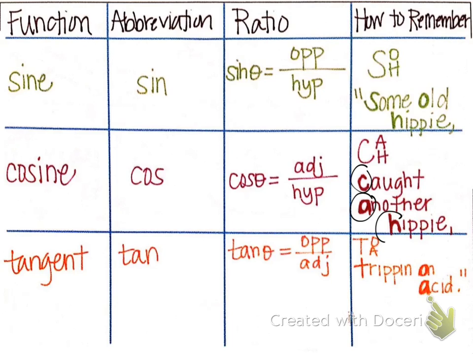Caught another hippie, cosine is adjacent over hypotenuse. And then tripping on acid, T-O-A, tangent, is opposite over adjacent. So whatever way you want to memorize it, you can. Some people come up with their own sayings. I had someone come up with something with a tiger one time, and they remembered it. Whatever floats your boat. All right, let's try our first example.